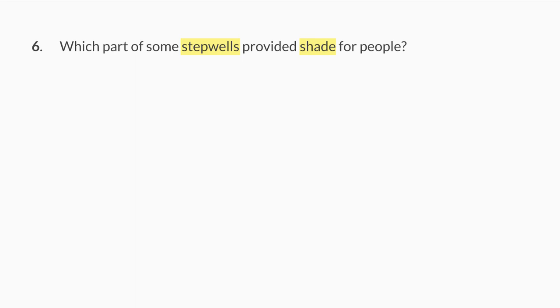So it doesn't really help us to identify this keyword since the whole article is about this keyword. So we're going to ignore this. Let's cancel that. We're not going to be looking for step wells since that is a useless keyword. It's not of any use to us. Let's just look for shade, something that has to do with shade, shade for people.